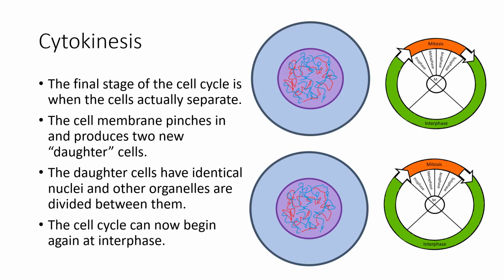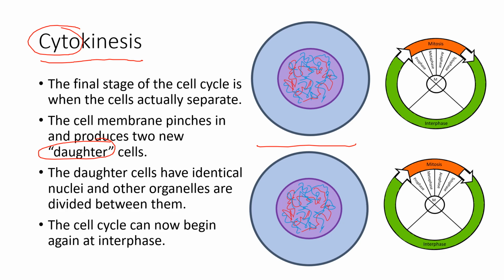All right, so we finally made it to the end of the cell cycle. This last phase is called cytokinesis, and that's when the cytoplasm of that original parent cell is divided between the 2 new cells that are called daughter cells. And so the nuclei were divided equally through the process of mitosis, and now the last bit was just separating the 2 cells now into 2 identical daughter cells.